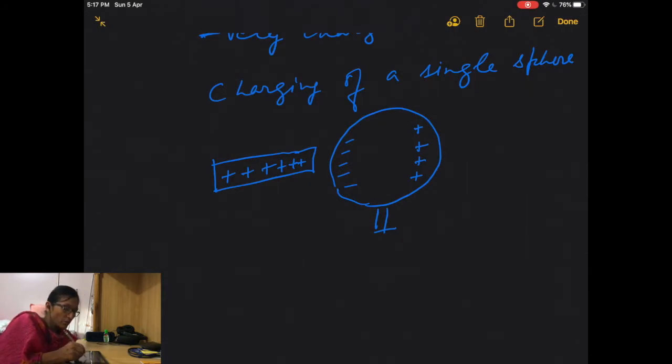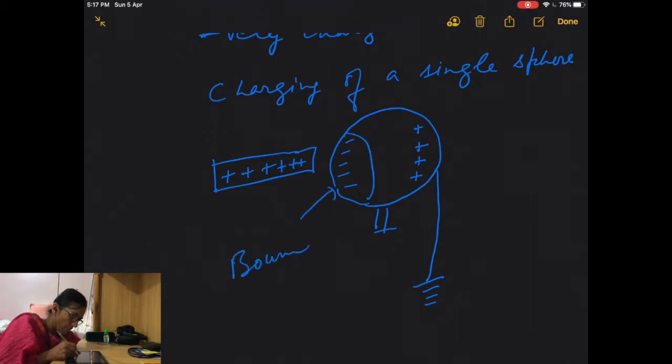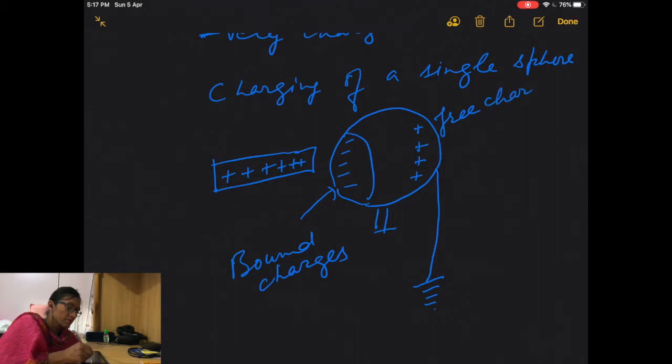Now you will see that these are called bound charges. They will not move, but when you connect this to earth, these free charges will vanish.